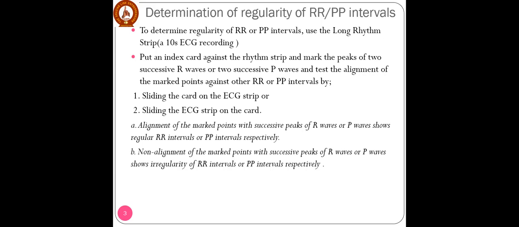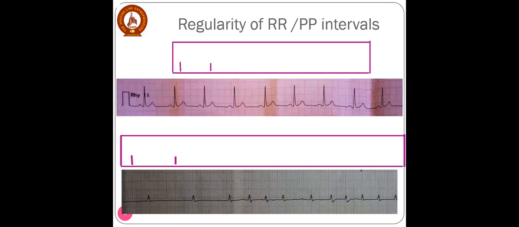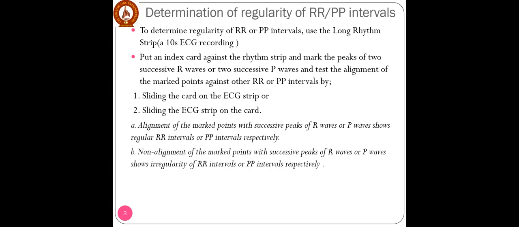Put an index card against the long rhythm strip and mark the peaks of 2 successive R waves or 2 successive P waves, and test the alignment of the mark points against other or subsequent RR or PP intervals by either sliding the card on the ECG strip or sliding the ECG strip on the card.